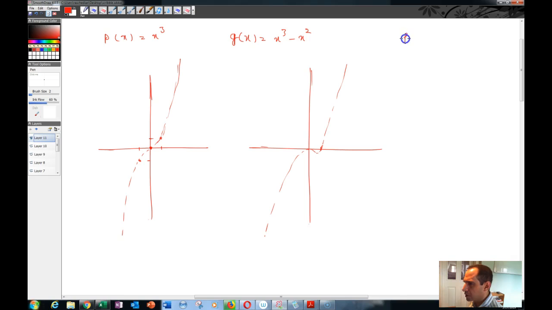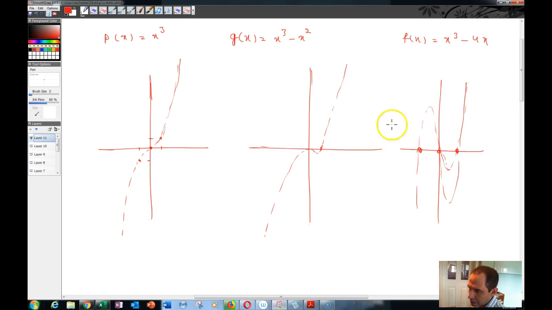If we had, let's say, f of x is equal to x cubed minus 4x, that was some polynomial like this, something like this. Okay, so basically we had these 3 points as the zeros.